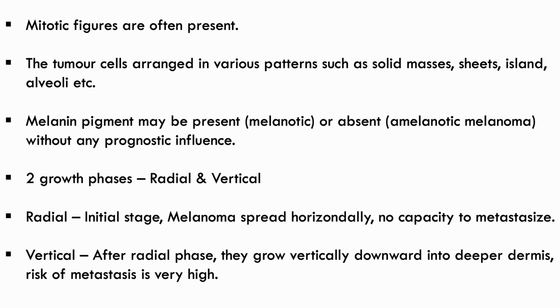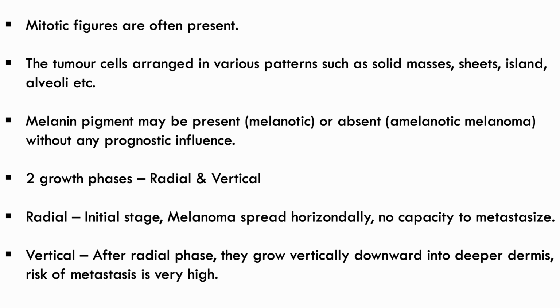If present, it is known as melanotic melanoma, or if absent, it is known as amelanotic melanoma, without any prognostic influence. Then two growth phases can be seen: radial growth pattern and vertical growth pattern. Radial growth pattern is the initial stage.